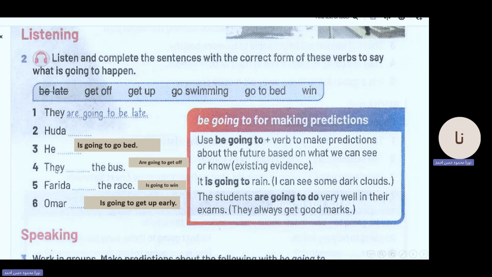Okay, so here we have some verbs that I want you to use to form sentences to make predictions, all right? So I want you to listen and complete with the correct form of the verb to say what is going to happen. Let's listen together.